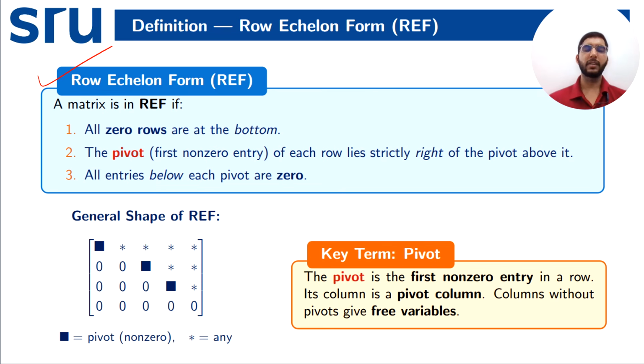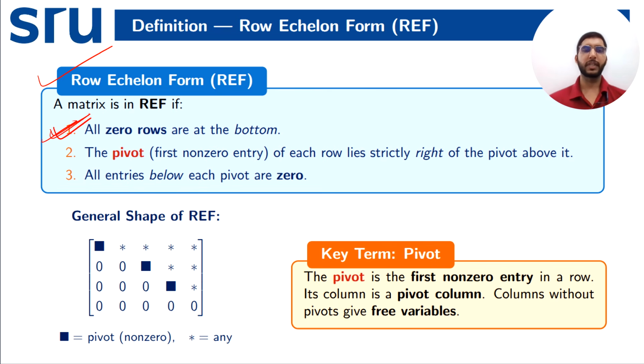Condition 1: all the rows consisting entirely of zeros appear at the bottom of the matrix. This ensures that the matrix structure is well organized.